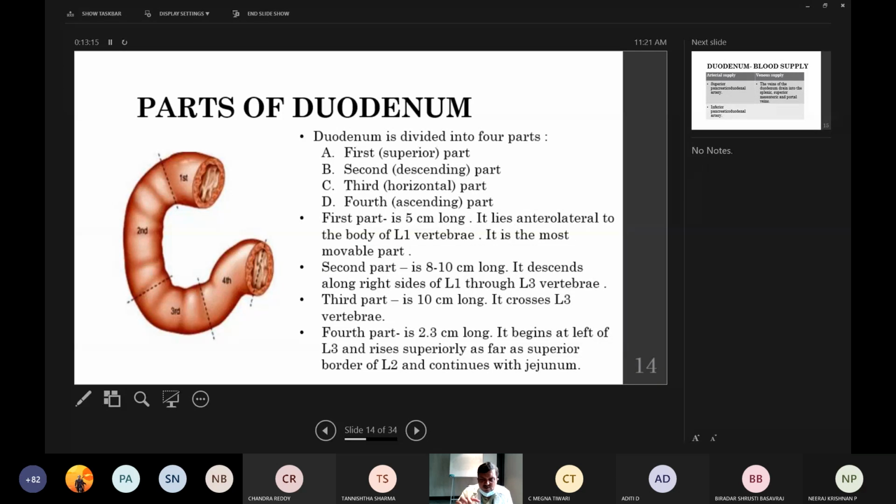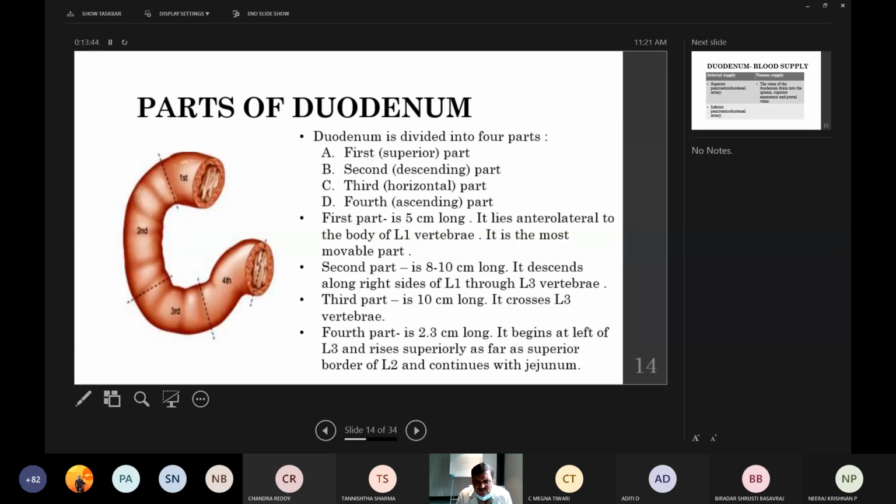The first part is small, the superior part. The second vertically descends by the side of the vertebral column, the descending part, which measures 7.5 centimeters. The third part is called the horizontal part, which is present around the third lumbar vertebra and measures 10 centimeters in length. And the fourth part is called the ascending part, which measures 2.5 centimeters in length.